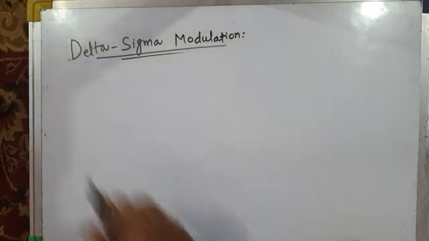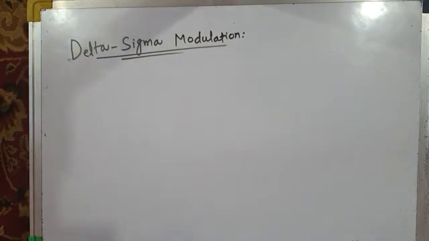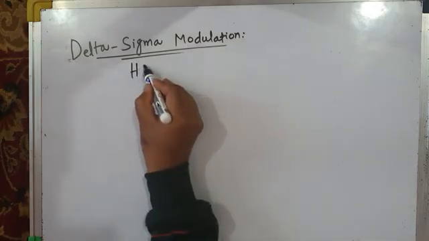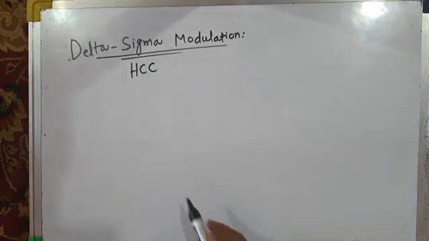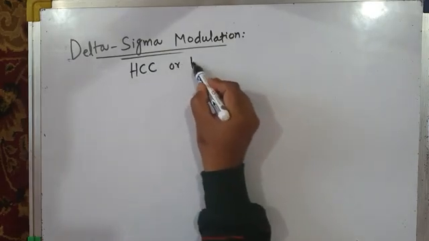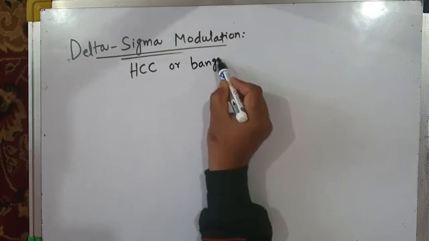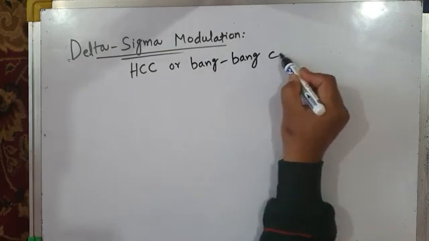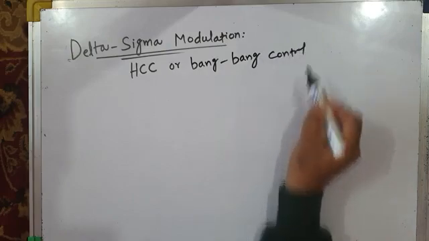Before I discuss with you delta sigma modulation, I would like to recall what we discussed in the last lecture. In the last lecture, we discussed hysteresis current control technique, which is also called band-band control. That's another name given to hysteresis current control technique.